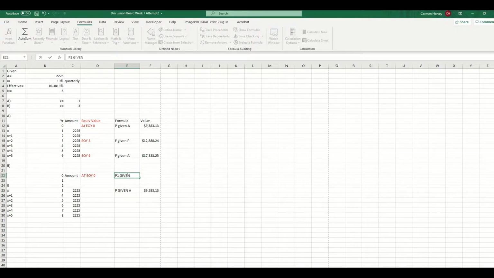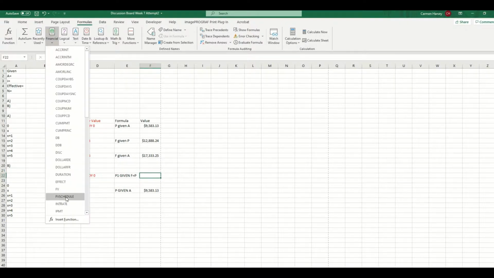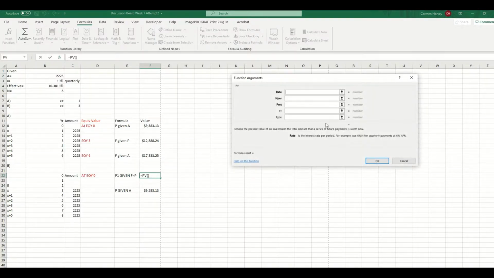And given F, the future value is the same as the P from the previous step. So in that case, we're going to be using the PV, the same rate, but this time it's going to be reduced by 2.